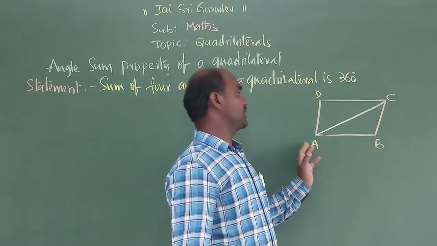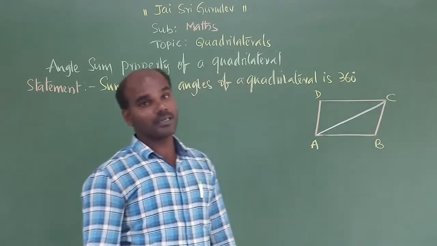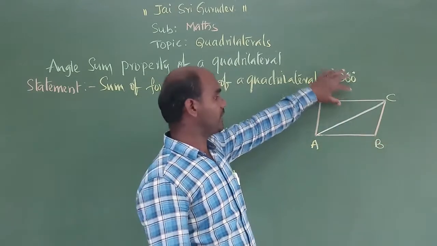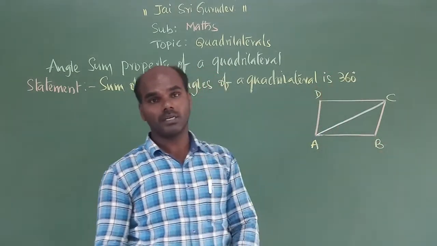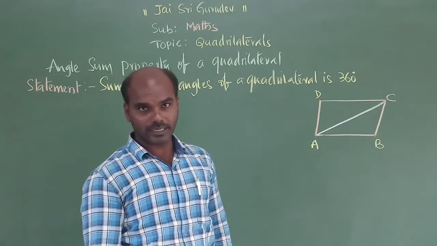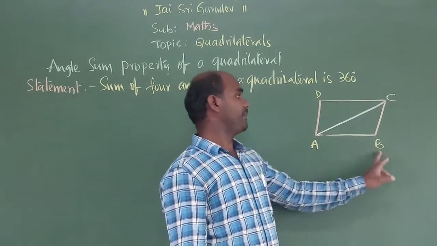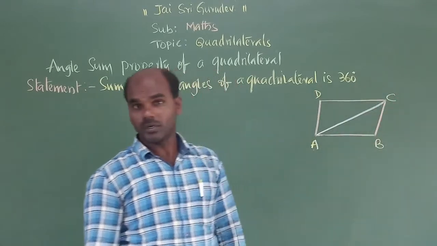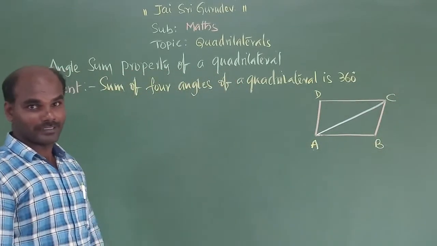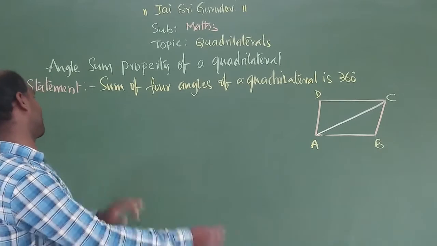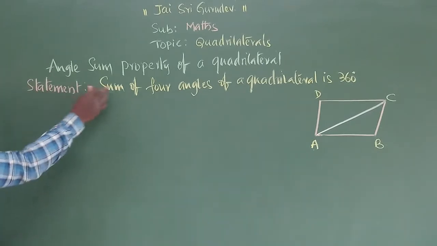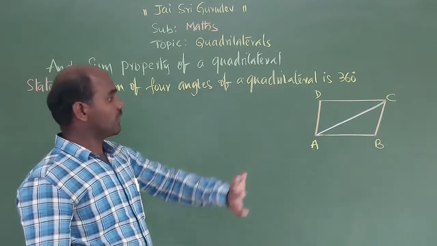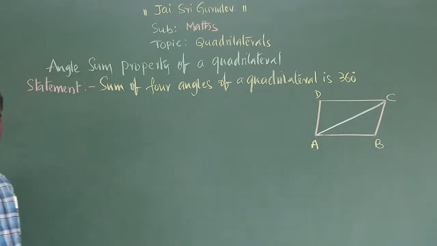To prove this, I am drawing one of the diagonals, that is AC. When you draw this diagonal, it forms two triangles. ABC is one triangle and ADC is the other triangle. So the statement is complete: the sum of four angles of the quadrilateral is 360 degrees.